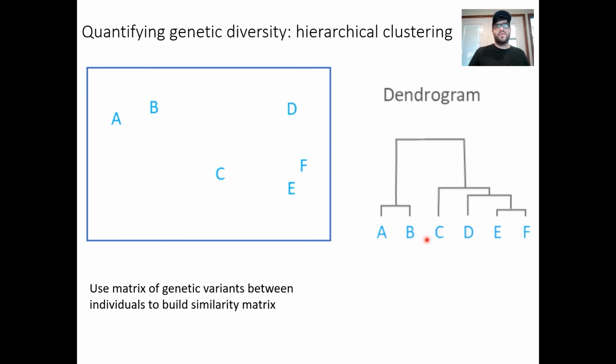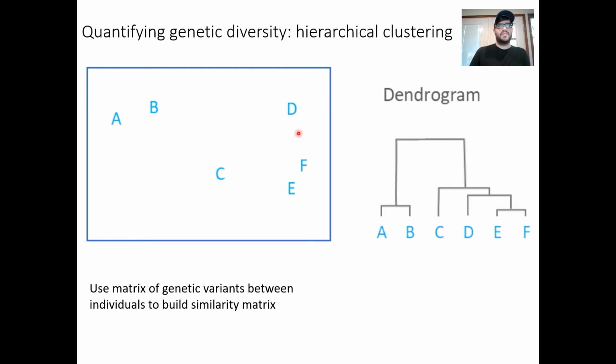Going from the top, we have this 2 grouping that it's producing of A and B over here, and C, D, E, and F as this big group over here. Then A and B are close to each other, and within the group of C, D, E, and F, E and F are pairs, and then E and F are closest to D here, so the Euclidean distance would be a little bit less here.